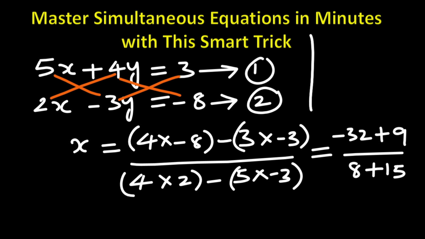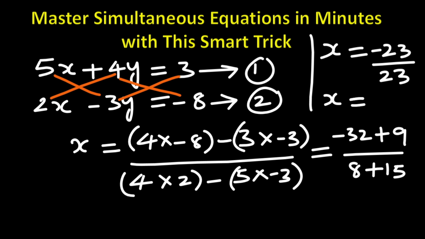Now let's simplify this further and find the value of x. So x equals negative 32 plus 9. It's negative 23 divided by 8 plus 15, that's 23. So what is the value of x here? So negative 23 divided by 23, that's going to be negative 1. So the value of x is negative 1.